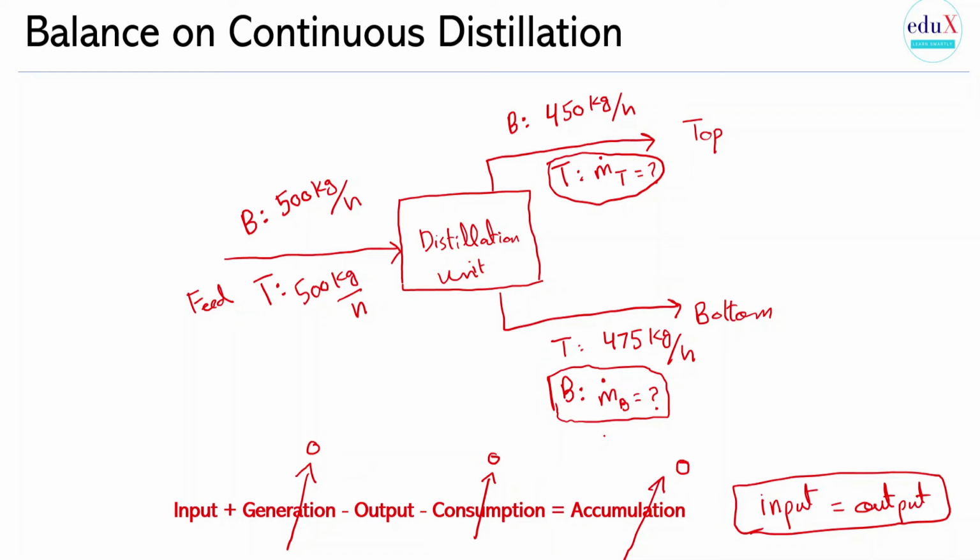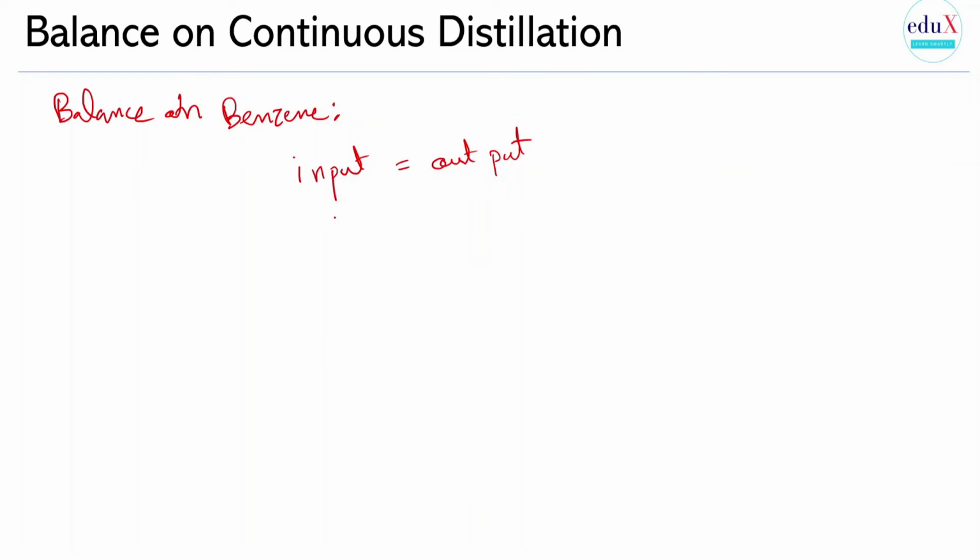Moving forward, we have to apply this balance on the components, first on benzene and then on toluene. The input is the feed stream, where the flow rate of benzene was 500 kg per hour, and in output we have two streams, the top stream and the bottom stream.